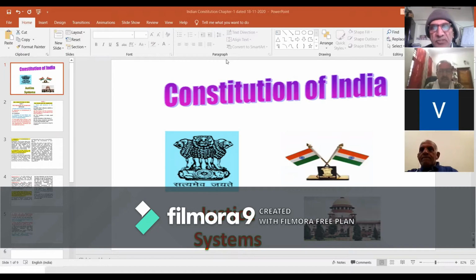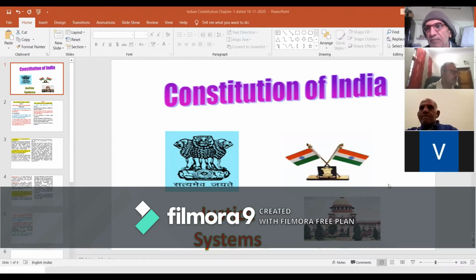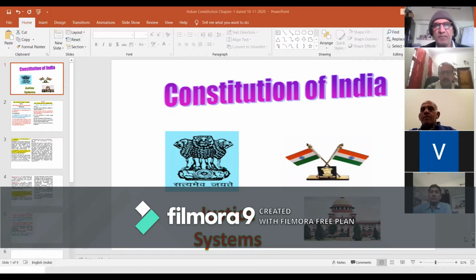In this study, beginning with Article 1, we presume that we have been through the preamble as well, and that we have some background of the Constituent Assembly, the way it was prepared and how it was adopted, but we are straight away going to the substantive provisions.